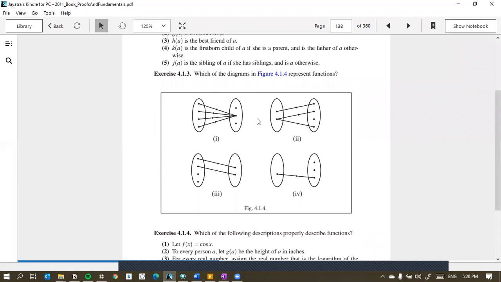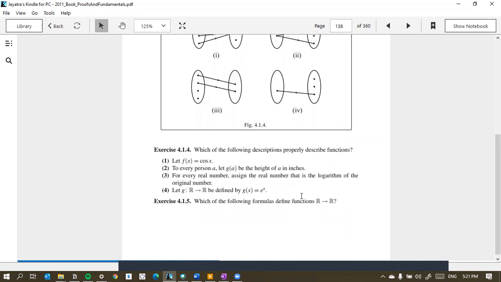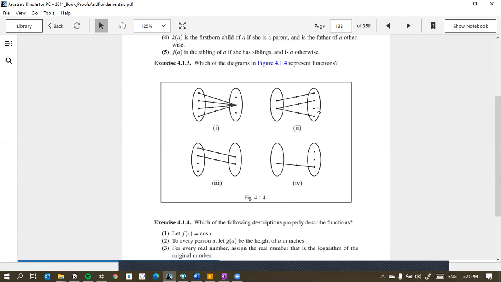For the second one, the condition that the whole set is covered is satisfied, but one element is going to two elements, which is not possible in a function. So this is not a function. For the third one, this is not a function because the whole set is not covered. For the fourth one, this is a function because the whole set is covered, and one element is only going to one element in F. Also, by the way, the other way around is fine.